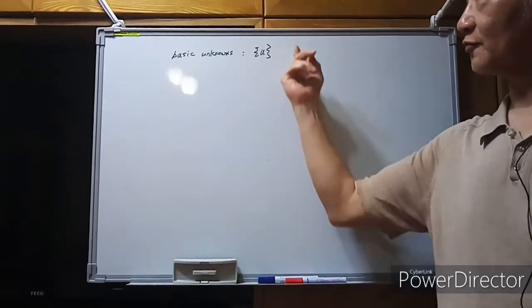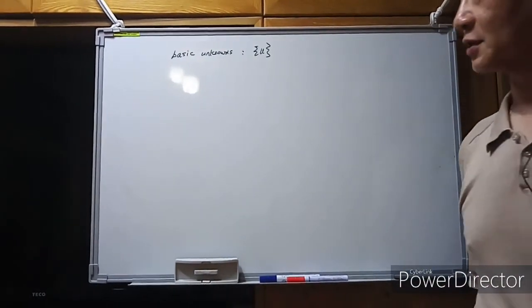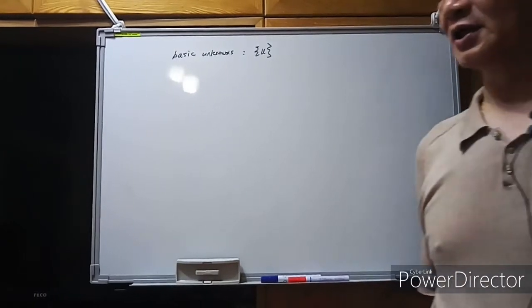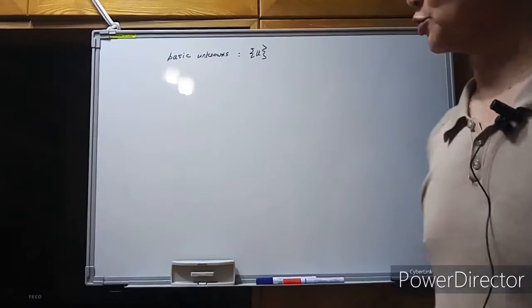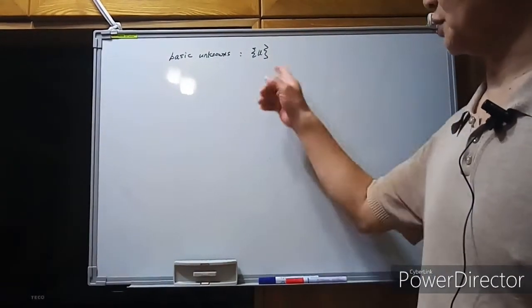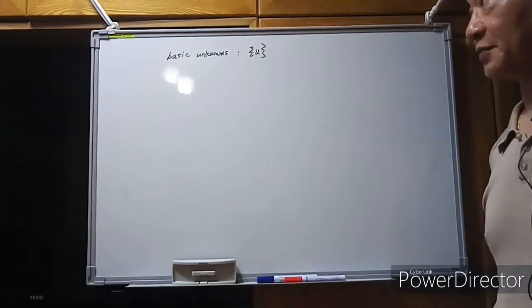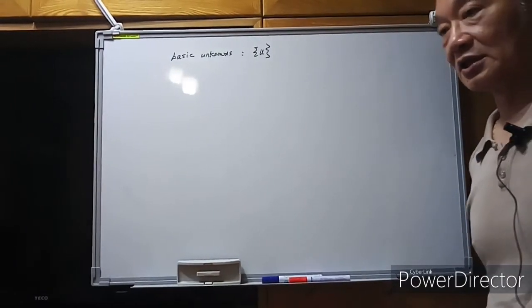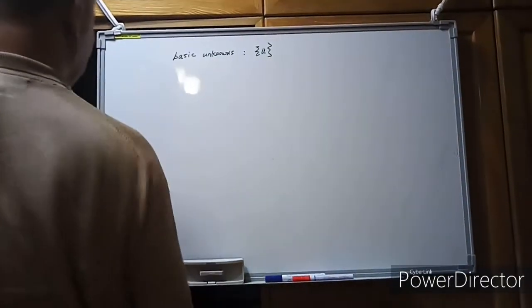So the U vector we solve for is called the basic unknowns of our method. And the method we use is the displacement method to solve the problem. So the nodal displacements are always the basic unknowns. After we solve the basic unknowns, then we can go to the output.